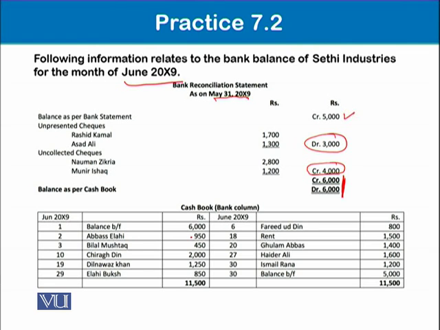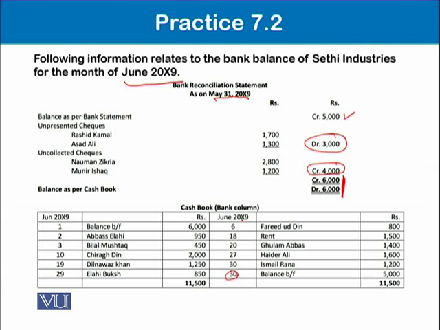We received checks: 950 from Abbas Ilahi, Bilal Mushtaq 450, Chiragdin 2000, Dil Nawaz Khan 1250, and Ilahi Baksh 850. Then we made payment to Fariduddin. Then we made payment for rent, Ghulam Abbas, Haider Ali, Ismail Rana, and finally we have a balance of 5,000 on 30th of June 2009.